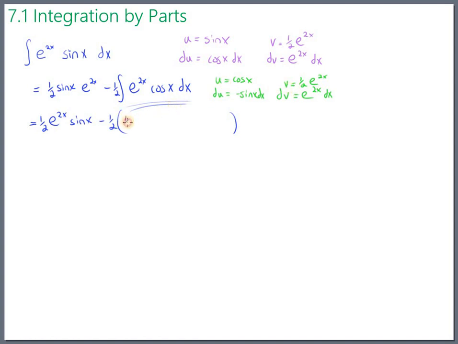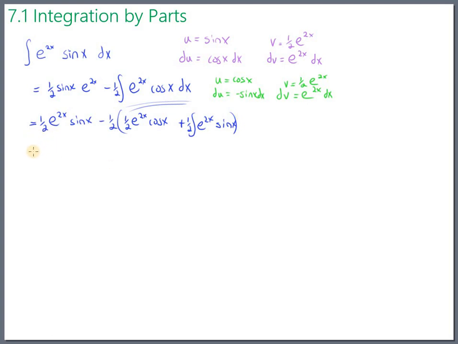We'll move the 1/2 e to the 2x out front, cosine x. There's my ultraviolet, minus voodoo. And I'll move that 1/2 out front. And I've got e to the 2x and I've got negative sine x, so let me turn that into a plus sine x.